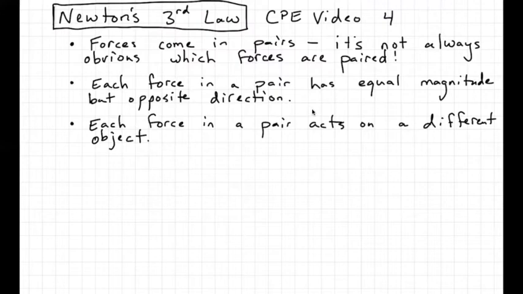If you consider a system of more than one object though, any forces between them are going to cancel out. That probably sounds a little bit crazy and hard to understand, but I hope to also show how you can apply this idea in a free body diagram. So I want to show you an example of how you can think about and apply Newton's third law in problem solving. So here's an example.